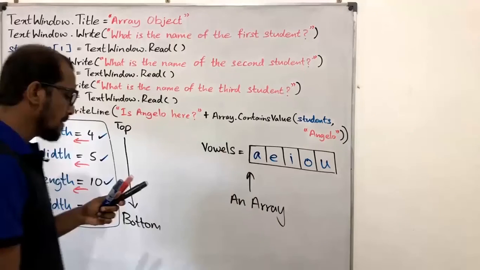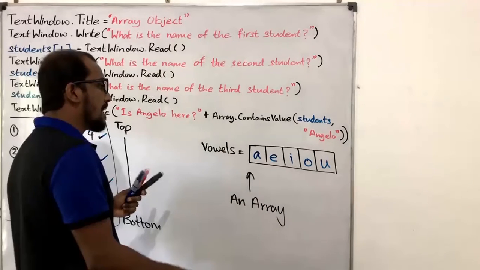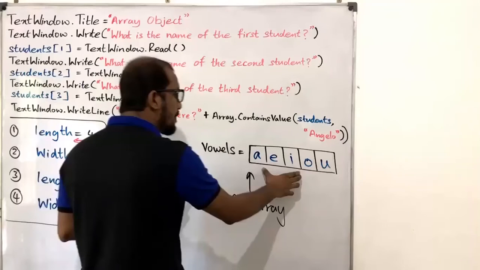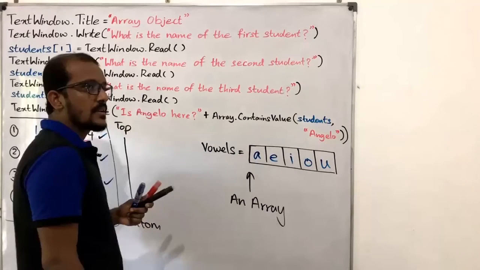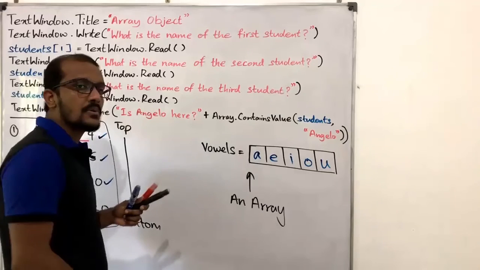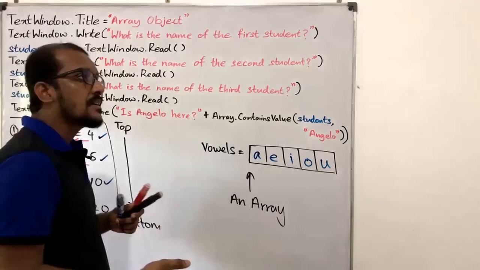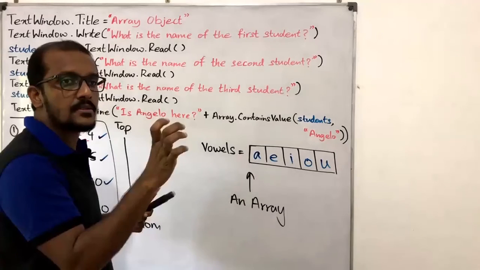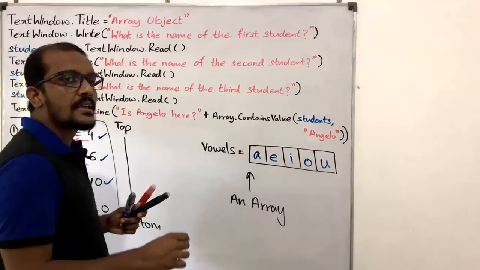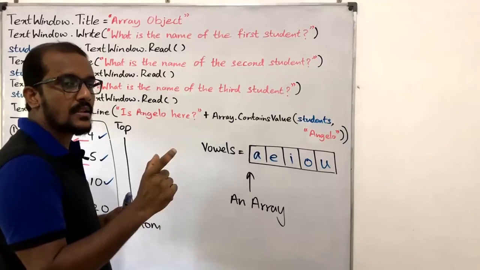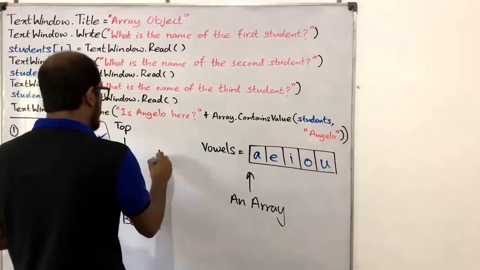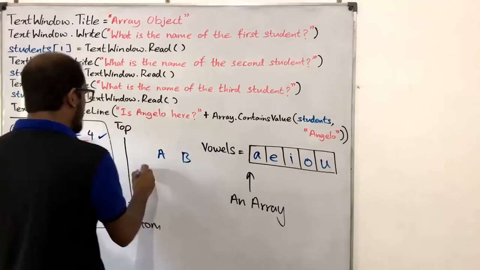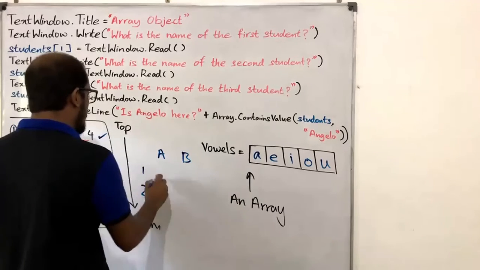In an array, as there are multiple values, we should address these values uniquely. Now, do you know about Excel? In Excel there are many cells, and we can give addresses to those cells. For example, let's imagine this is column A, this is column B, this is the first row, this is the second row.